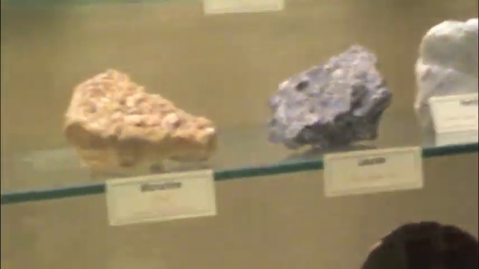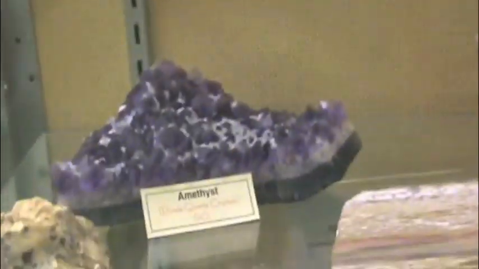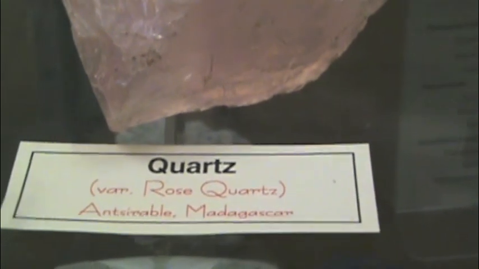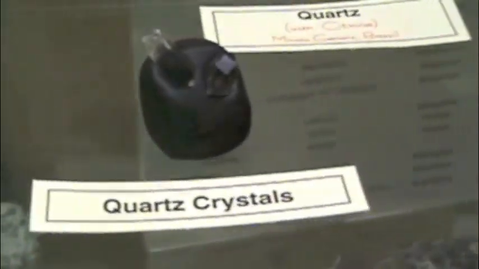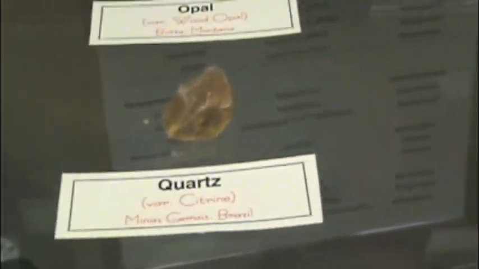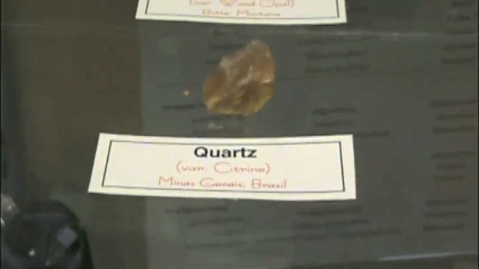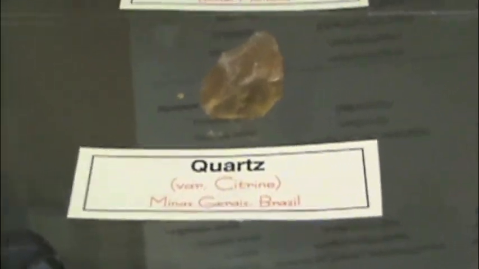Again, there's a lot of silicates, right? So we got a whole bunch of them over here as well. So let's see what this one is. Some rose quartz. Try and zoom in so you can see this one.